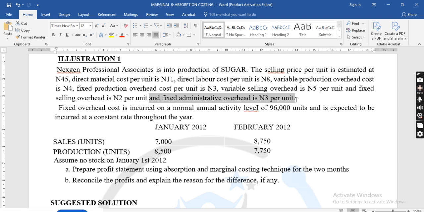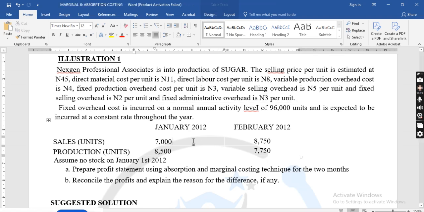When we bring out the variable cost, we now add the OAR, which is the fixed cost. We now do the fixed cost per unit. In this question, you can see that we're given different fixed costs. The first one is for production of 3 naira. Then we have the one of fixed selling, and we have the one of administrative, class.